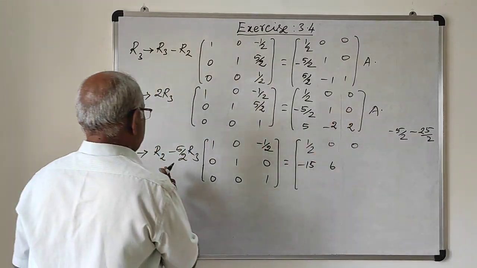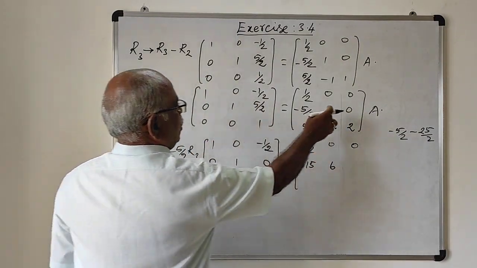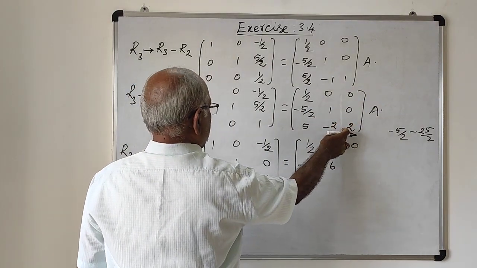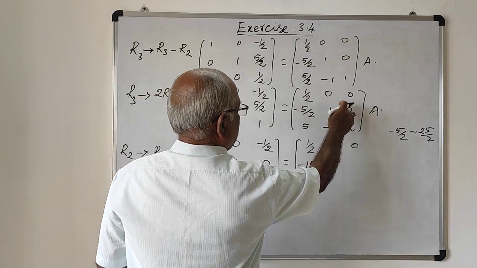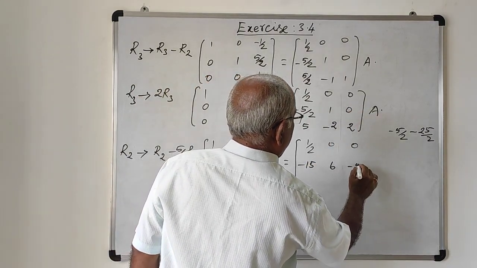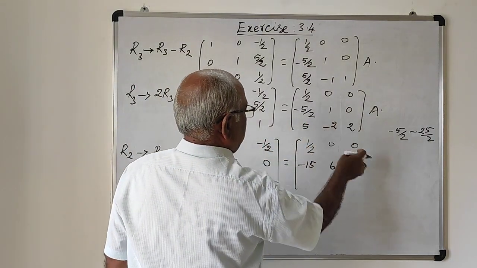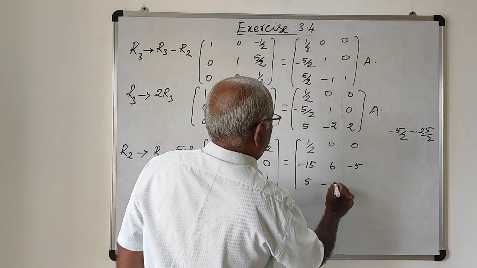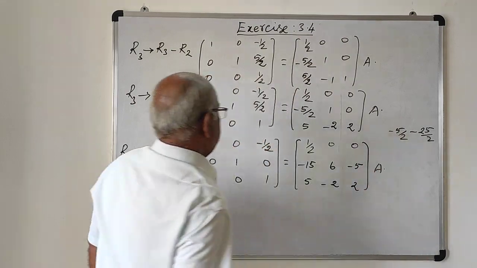Then 0 minus 5 by 2 into 2, the 2s cancel, is minus 5. And R3 is 5, minus 2, 2.